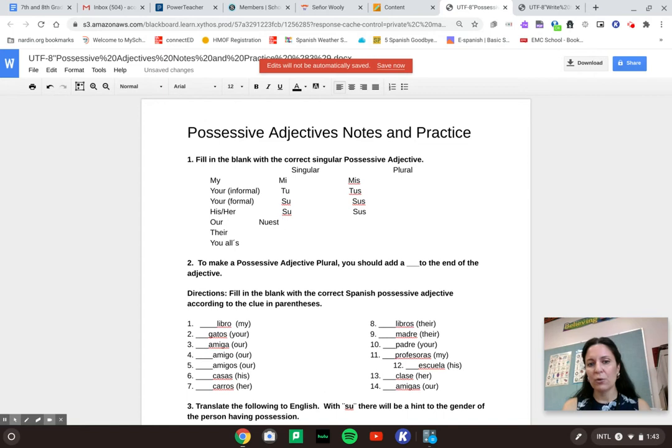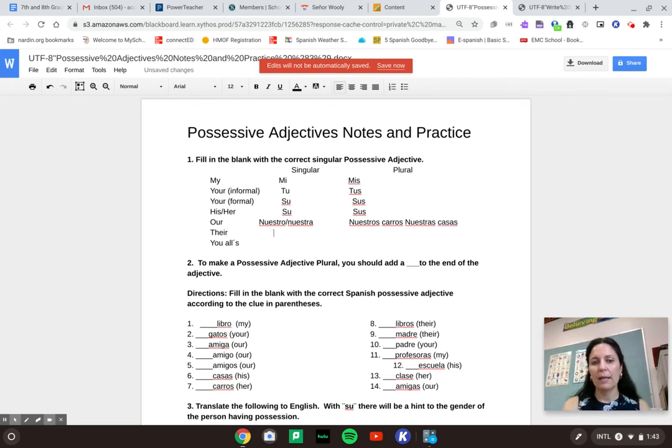Then we have four forms. We have either nuestro or nuestra for male and female, singular. And then we have nuestros. So if something is ours and it's masculine plural, like nuestros carros, we're going to say nuestros. But if we had something like casas, our houses, it would be nuestras casas.